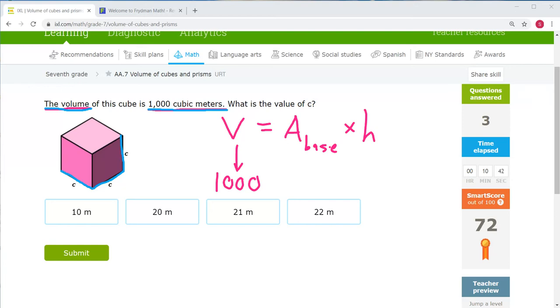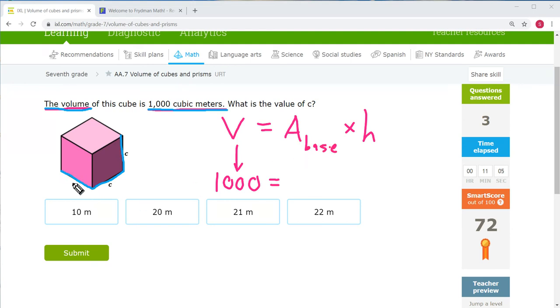If I wanted to write the units in, I could put an m with an exponent of 3, but this is all going to get very cluttered, so I'm just going to leave that out and just write 1,000 here. So this is equal to the area of the base.